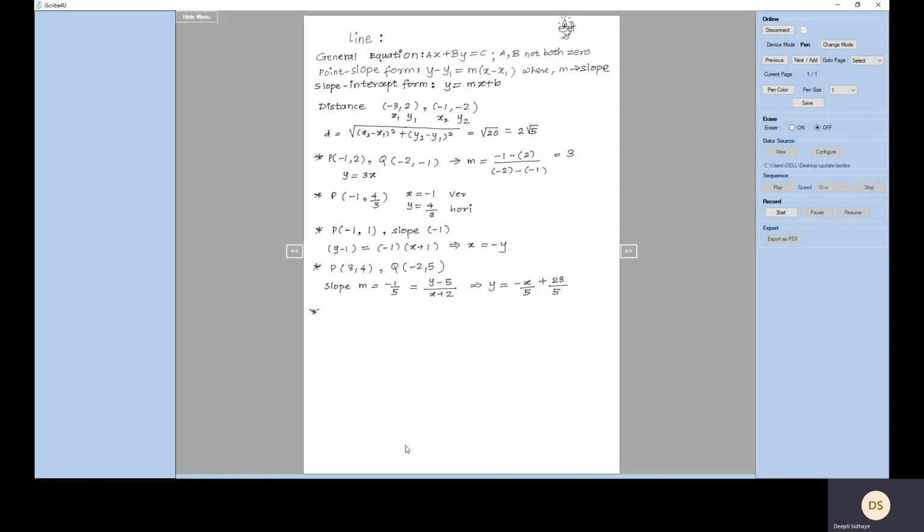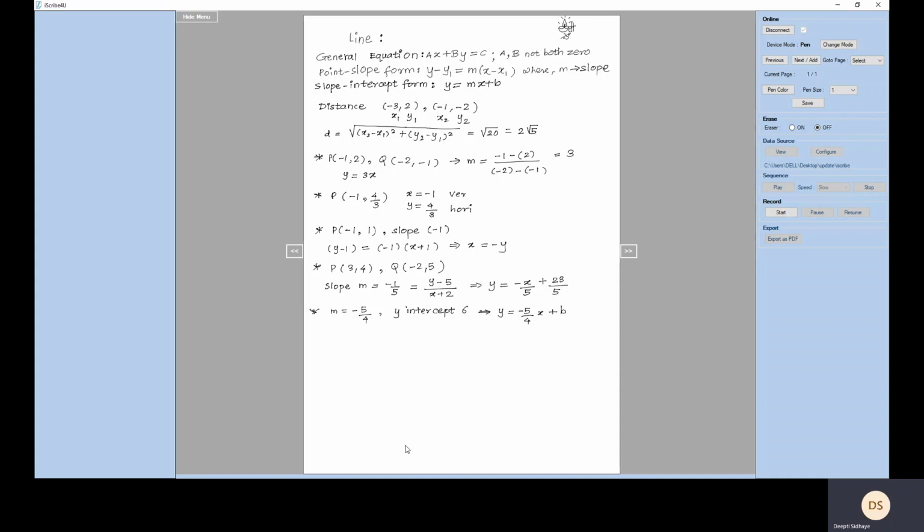Now let us imagine a situation where you have been given the slope as minus 5 by 4 and the y-intercept as 6. You just have to use the slope-intercept form and write the answer as y is equal to minus 5 by 4 x plus b, whatever the constant is.